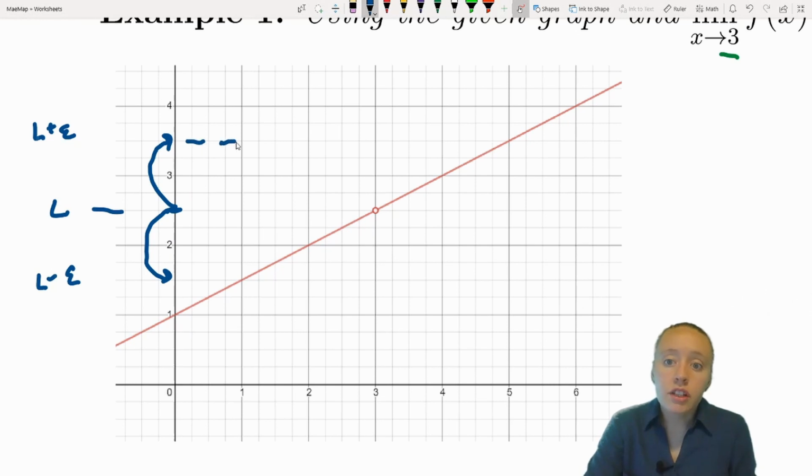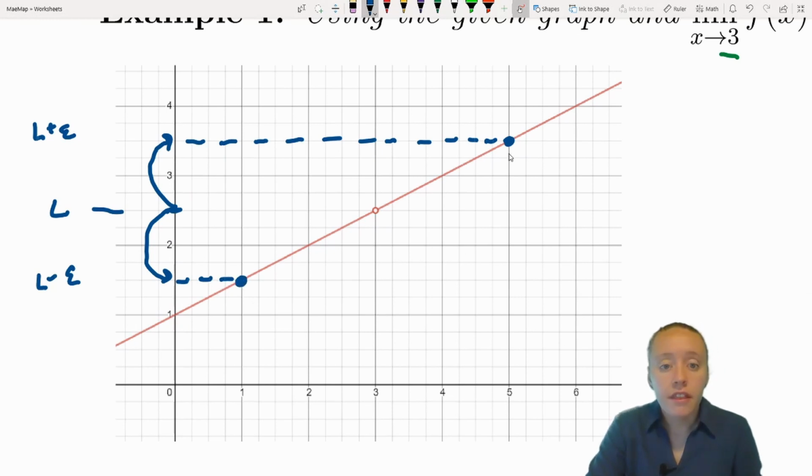So if I was to draw this over to try to find the associated x value, I first need to figure out where L plus that epsilon intersects my function, and then I'll see where L minus epsilon intersects my function. Now I'll be able to find those associated x values. One of those is 5, and the other one is 1.